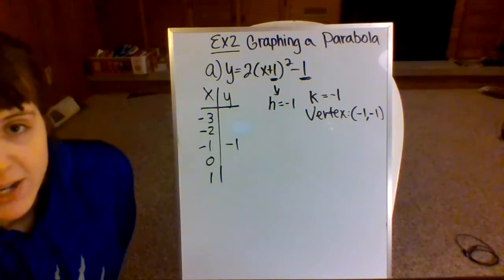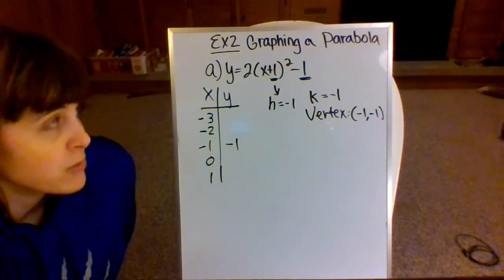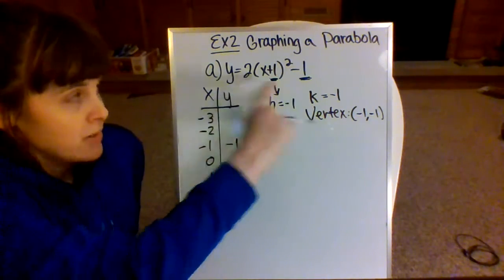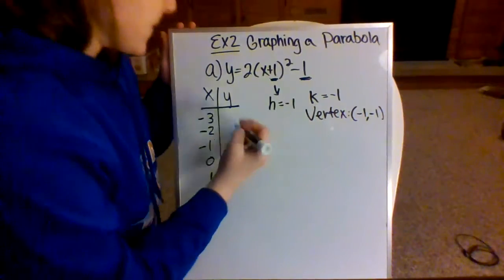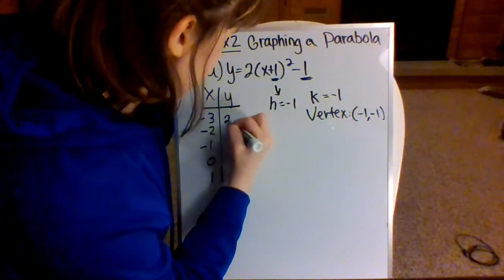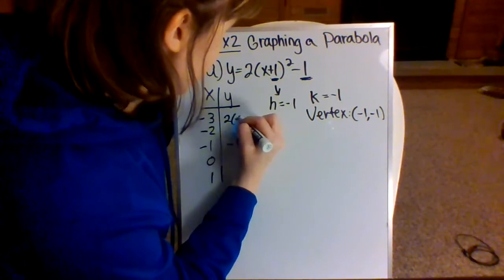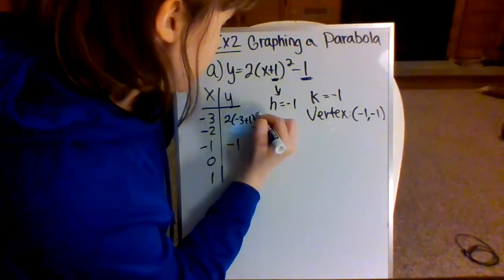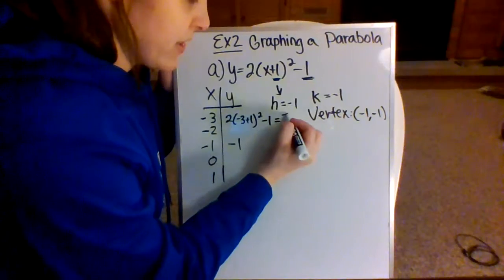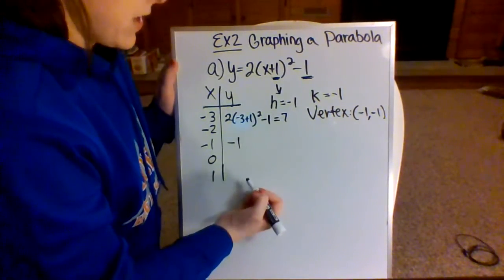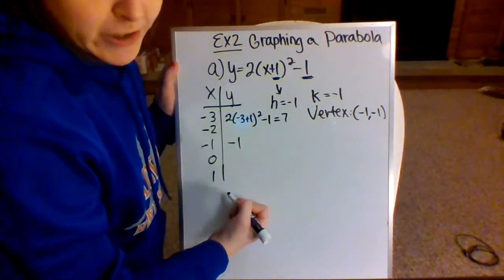Okay, so now it's a matter of plugging them into the formula up here, the equation, and getting the y values. So 2 times negative 3 plus 1 squared minus 1, and that equals 7. Then we're going to do the same with all these other values.